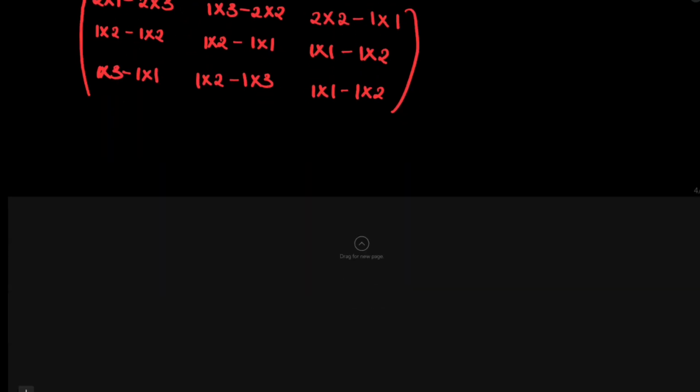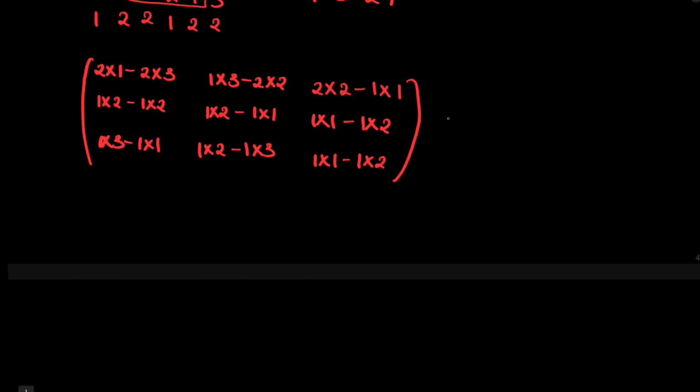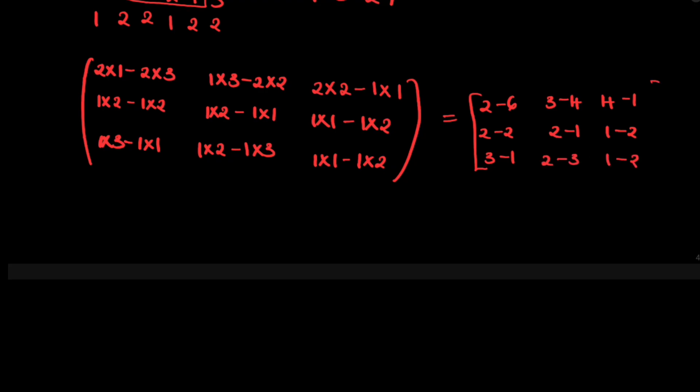So this gives 2 minus 6, 3 minus 4, 4 minus 1, 2 minus 2, 2 minus 1, 1 minus 2, 3 minus 1, 2 minus 3, and 1 minus 2.